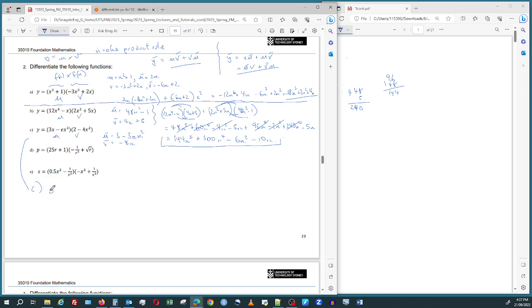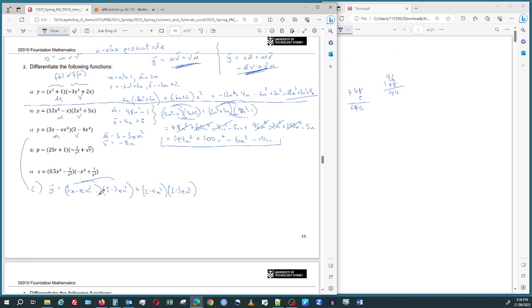So y dash will be equal to one of the rules again. Okay. So u dv, I just do it based on convenience. U dv plus v du. So it's good practice on your algebra.